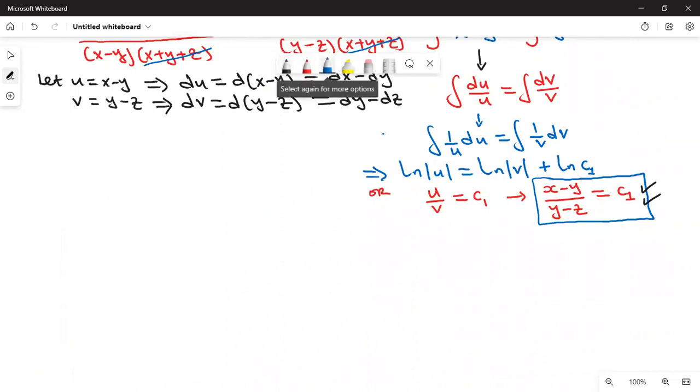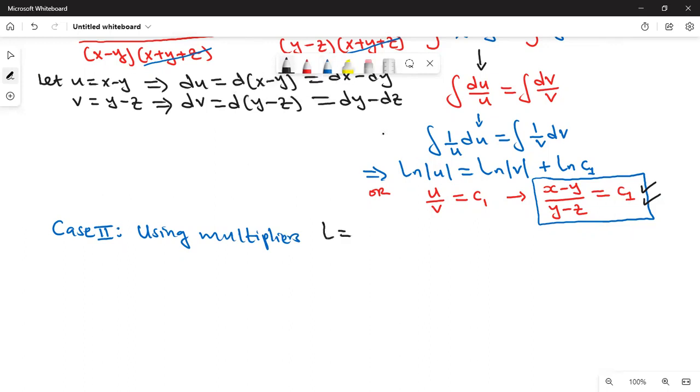So we write case 2. Using the multipliers, we have said here our L is y plus z, our M is equal to x plus z, and our N is equal to x plus y.